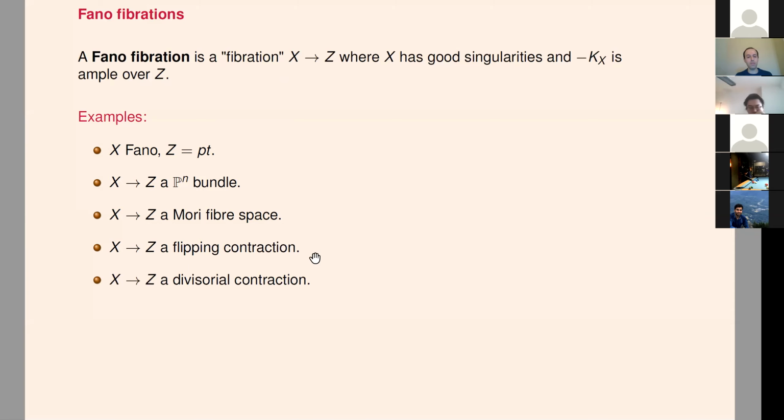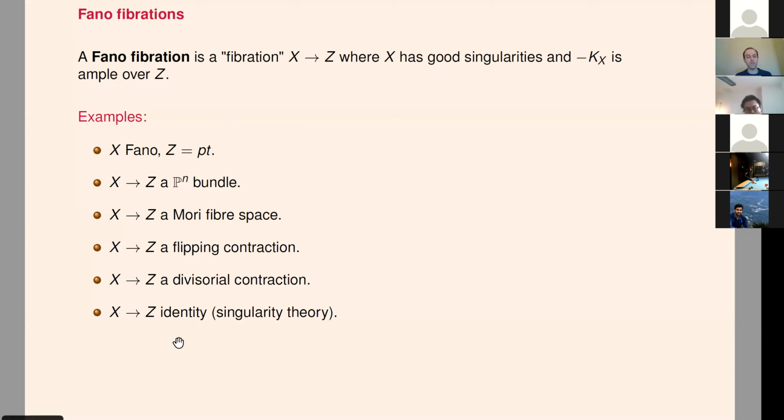Another type is the divisorial contractions. These are a bit similar to flips, except that you contract a divisor. You have a birational morphism, you contract a divisor, and here minus K is relatively ample by definition. So you get another kind of Fano fibration. Another extreme kind of example is when X to Z is just the identity.